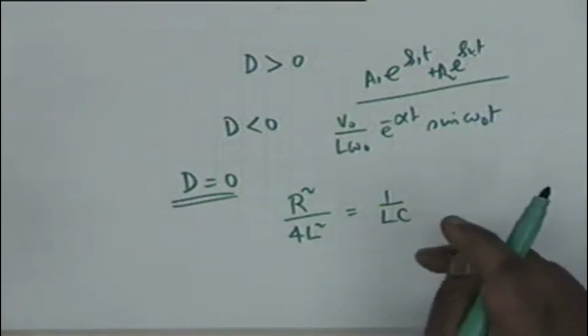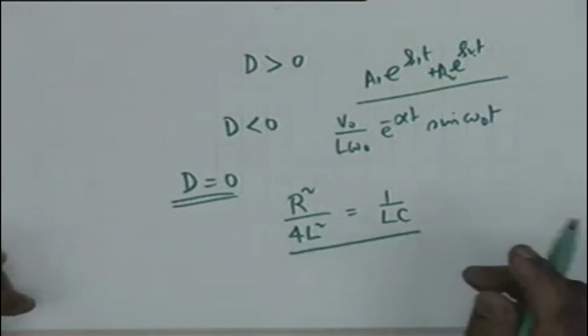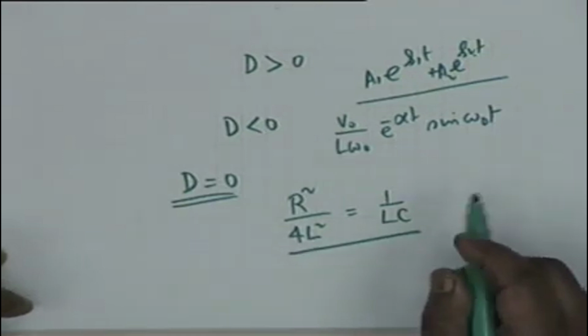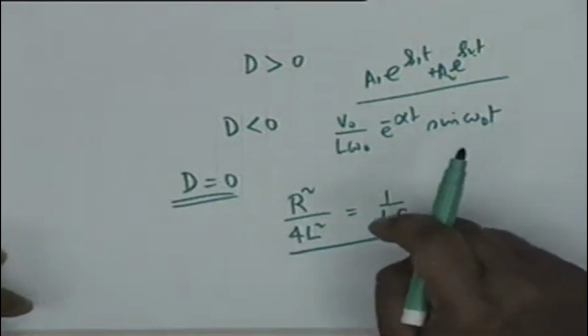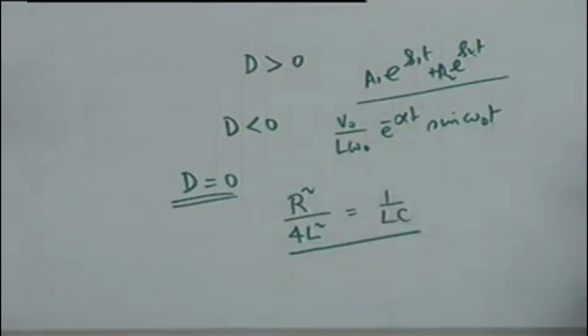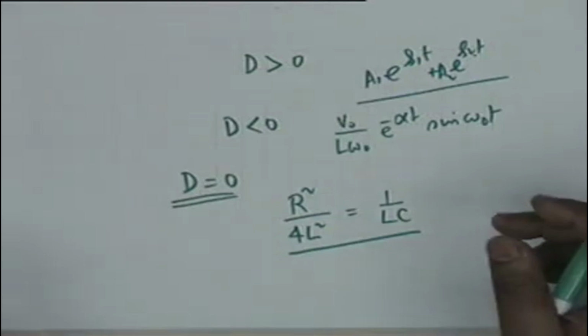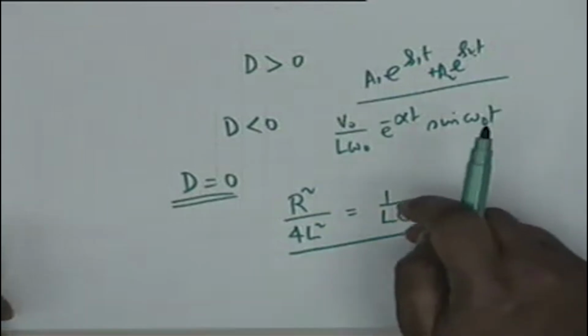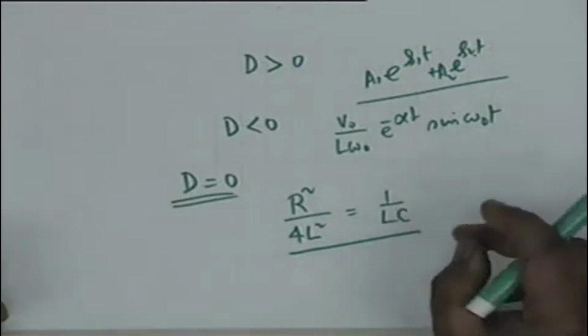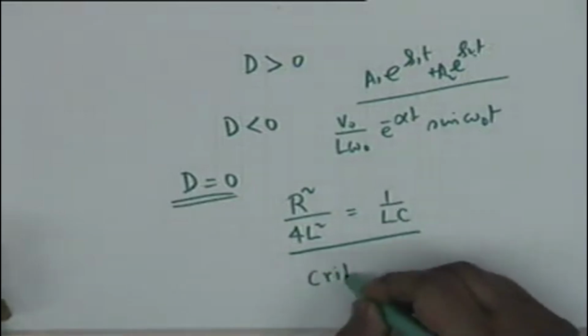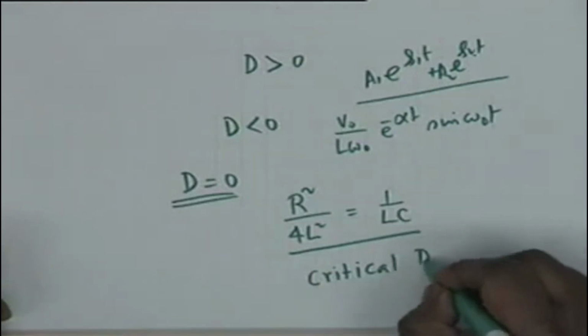It's a critical value of resistance for which this shall be true. Alright, if this equality becomes an inequality, there shall be either oscillations or no oscillations, and therefore this is a critical case, and this case is called the case of critical damping.